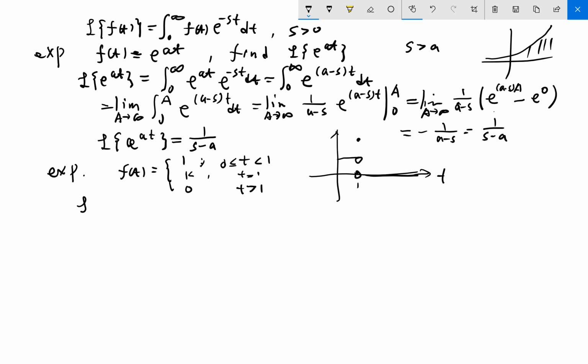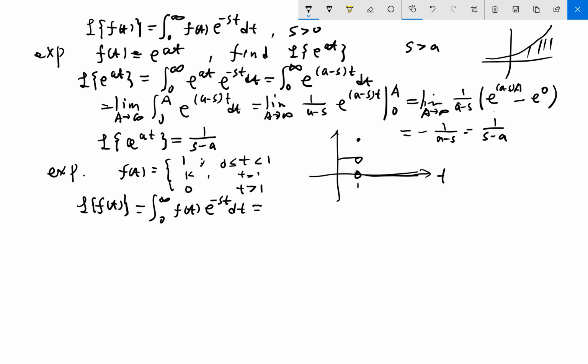So, by definition, the Laplace transform of it is the improper integral from 0 to infinity of f(t) e to the negative st. For this example, for different t, your f(t) equals different things. Sometimes f(t) equals 1, sometimes equals 0.